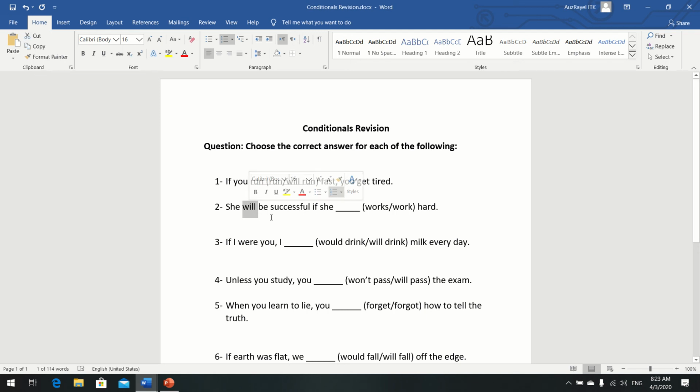So which one of the conditionals has will in the result clause? That is type 1. In type 1 we have verb 1 in the main clause, and since the subject is singular, we add an s. If she works hard, she will be successful, or she will be successful if she works hard.